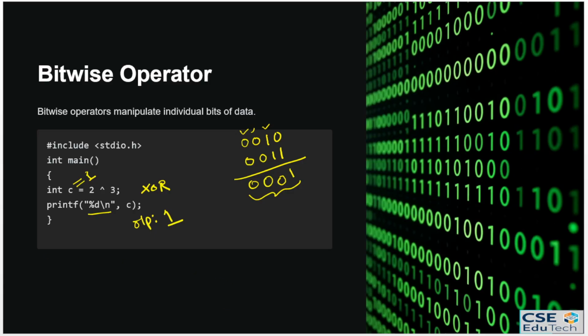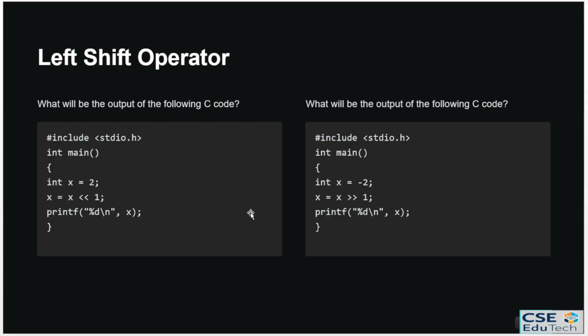Now we'll give the left shift operation, or left shift operator. This symbol is basically the left shift operator. On the right-hand side, 1 means one cell left shift operation should be performed. Here the value of x is equal to 2.